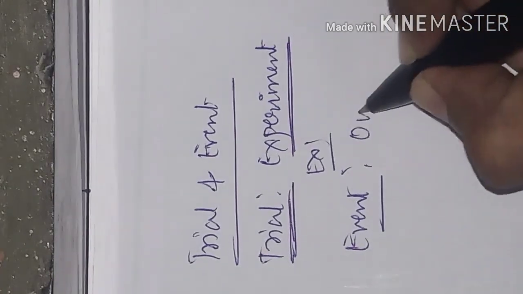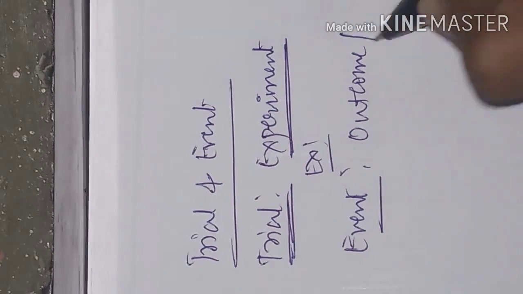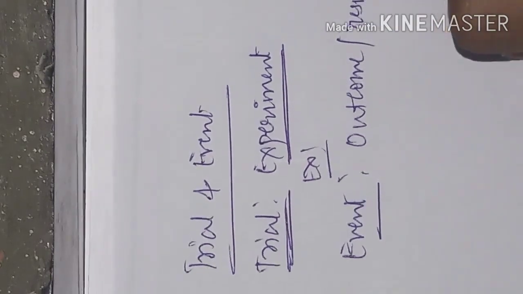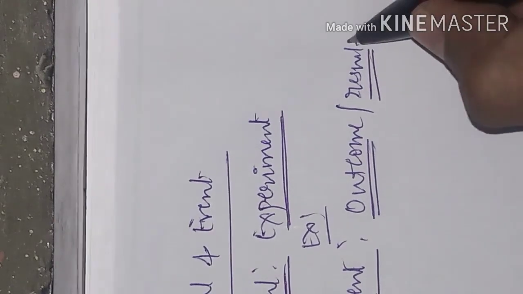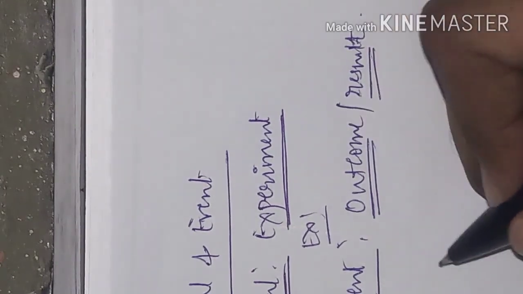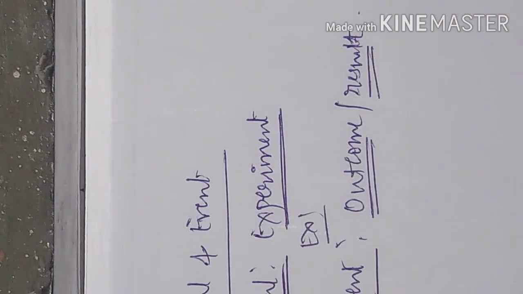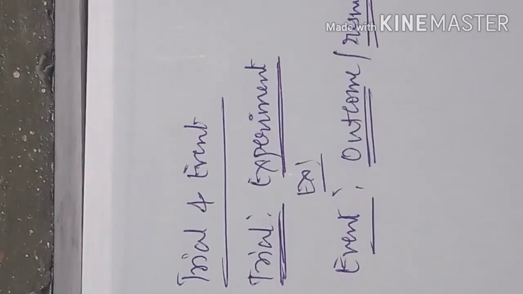Event means outcome or a result. Mathematically we call it an outcome, and generally we call it a result or answer. Event is nothing but how many possible outcomes are there. We got head as an outcome. This is about the event.